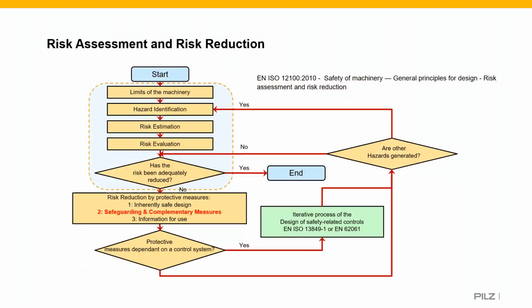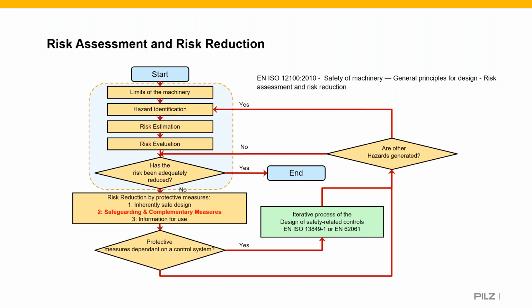And if we take some details from 12100, once we've commenced the risk assessment and looked at the various sections and realized that some sort of risk reduction measure is required, there is a hierarchical three-step process for how we can do that. Initially we would try and design it out.